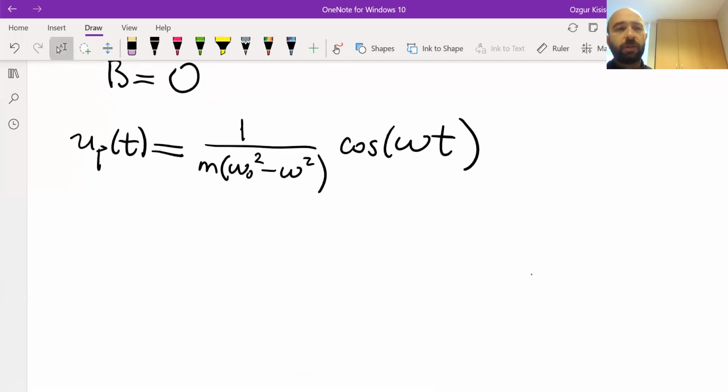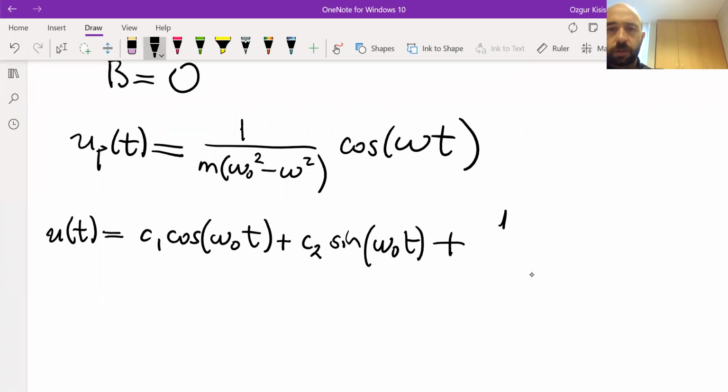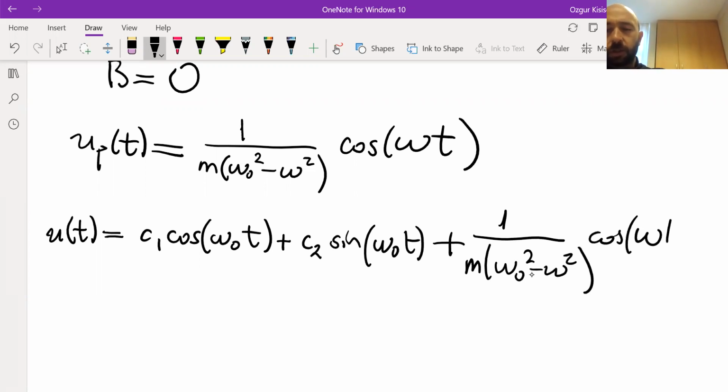And if you'd like to write the full solution, it looks like this: c1 cosine omega 0 t plus c2 sine omega 0 t plus 1 over m times (omega 0 squared minus omega squared) cosine omega t.